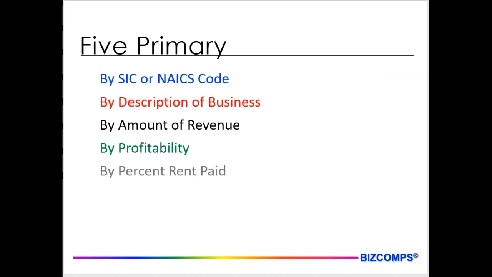The 5 primary areas are by SIC code, or Standard Industrial Code, or NAICS code, the North American Industry Classification System, or by business description, or by revenue, by profitability, or by percent of rent paid. Those are the 5 primary areas that you can compare transaction to transaction, or any of the given transactions to your subject company you're valuing.